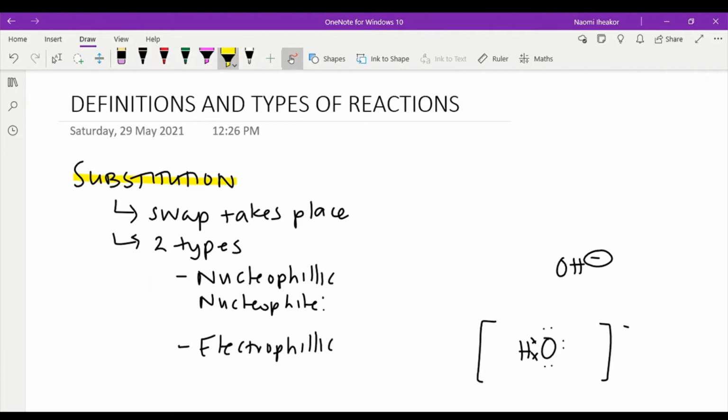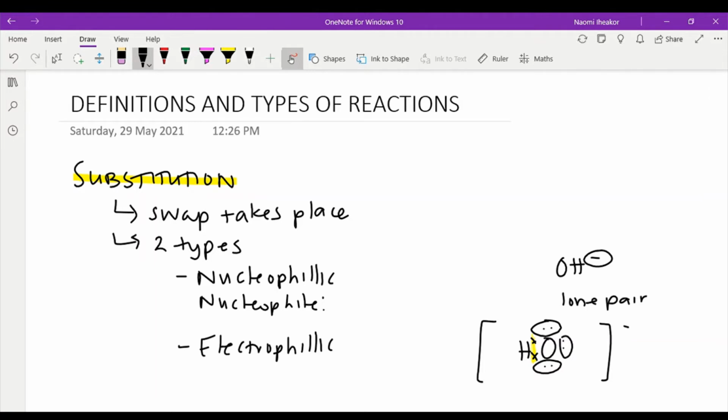So if we have a look here, this pair of electrons is involved in a bond between hydrogen and oxygen. But then this pair here, and this pair here, yes, they are part of the oxygen atom, but they are not involved in a bond. And so we call these electrons lone pairs.